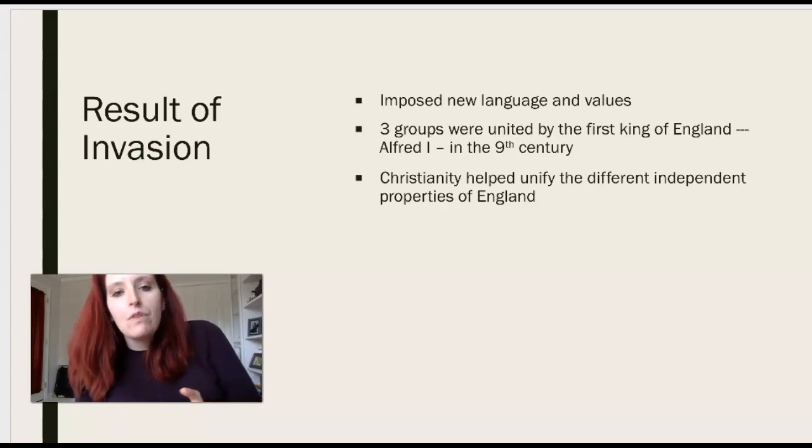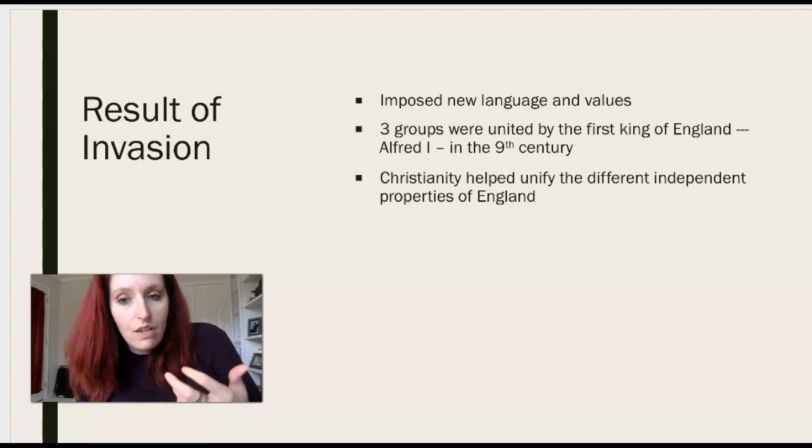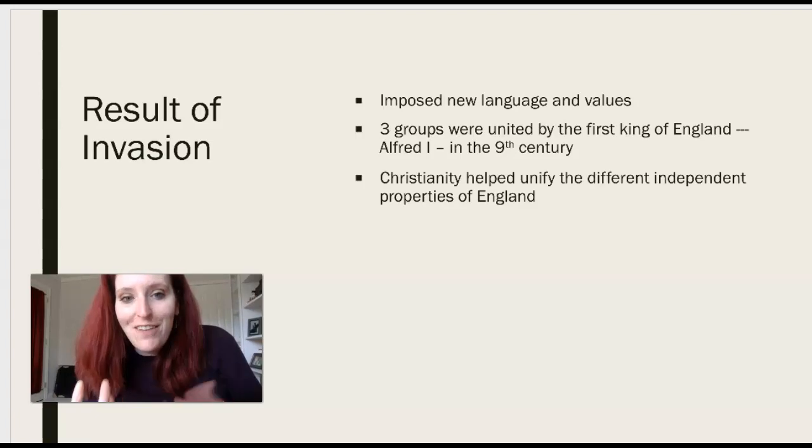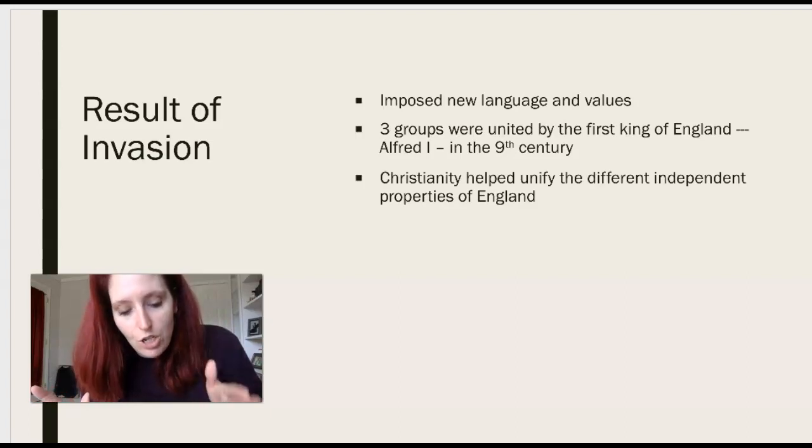But the three groups, the Angles, the Saxons, and the Jutes, have this head-to-head, who's more powerful and all that kind of thing. But they are united finally in the 9th century by the first king of England, Alfred I, or Alfred the Great. And besides not letting the Vikings defeat England and hold their stay, his real claim to fame is that he and Charlemagne bring in, he's responsible for establishing Christianity in England.